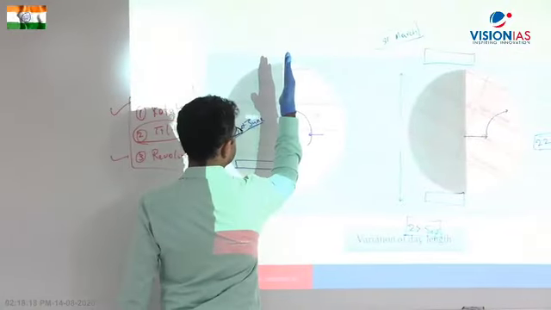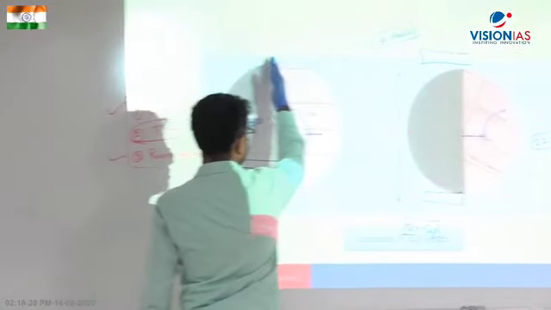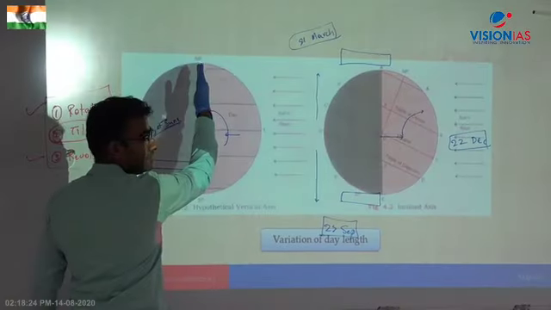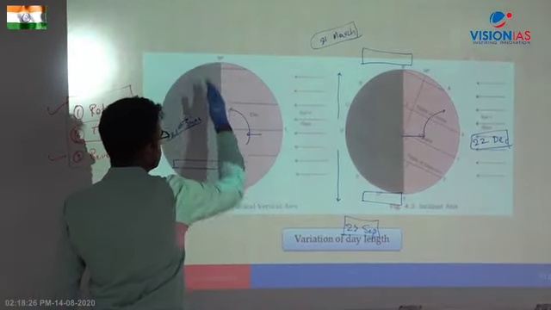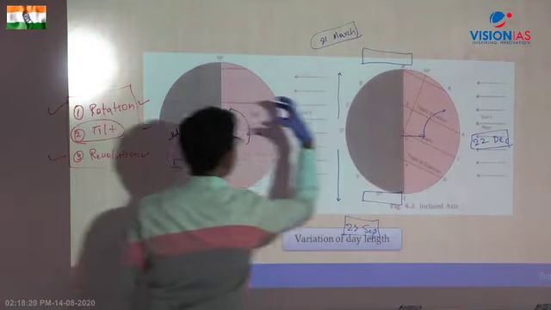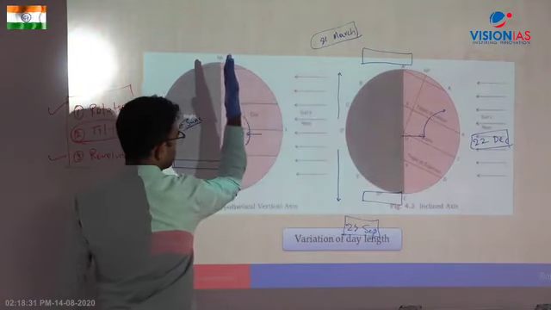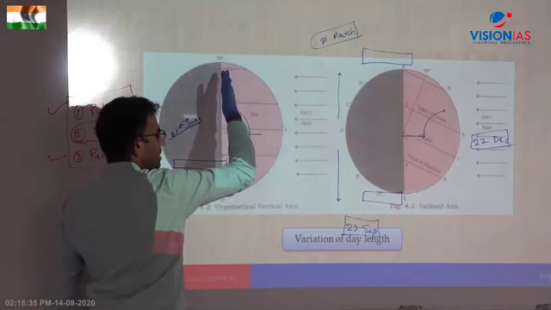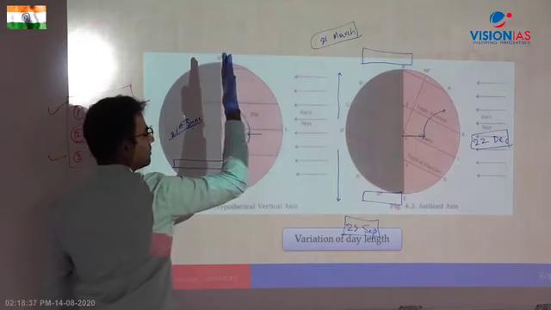The axis of rotation is not something like this, but the axis of rotation is something like this. So it doesn't matter that, see, this is sun and sunlight is falling. Here in this picture it assumes the axis of rotation is like this, but axis of rotation is not like this. So this is also kind of coinciding only.